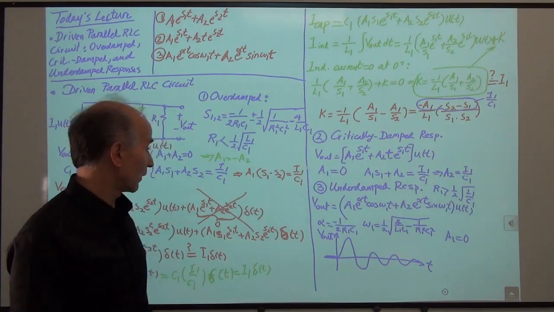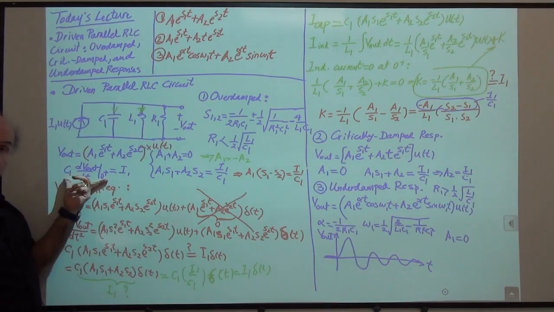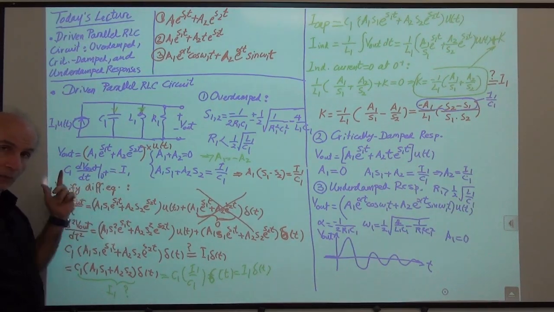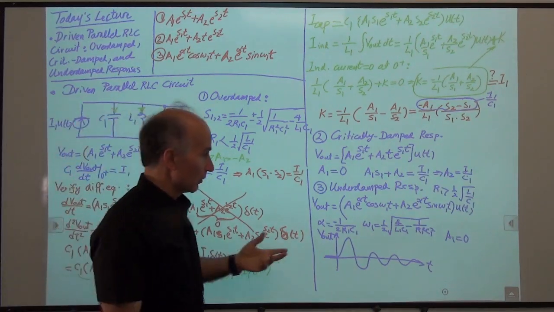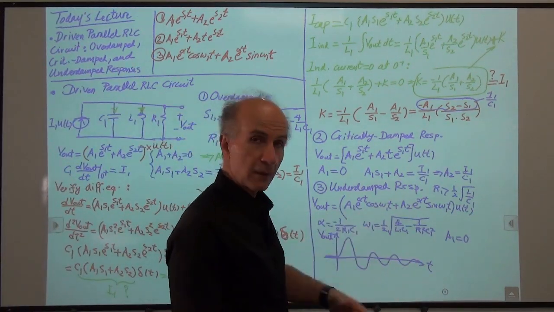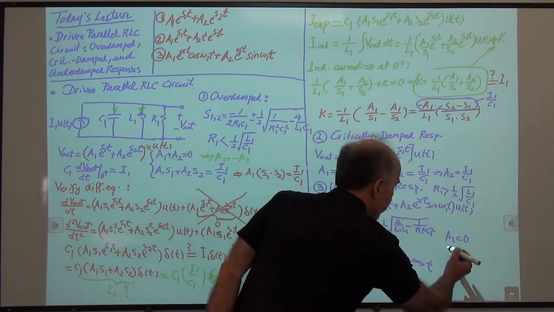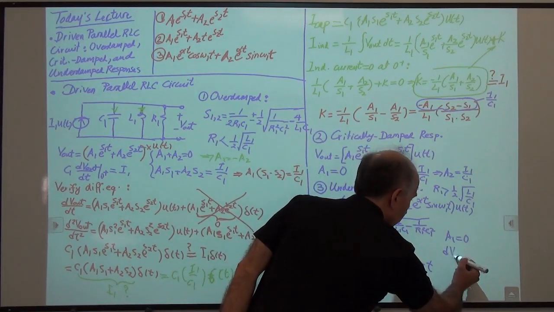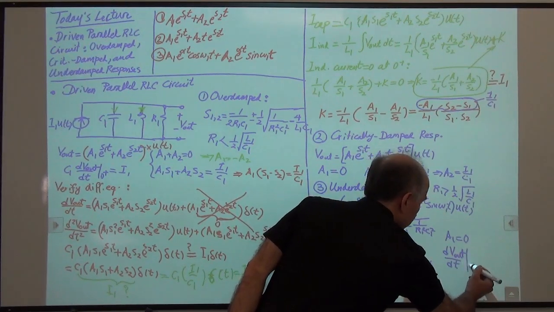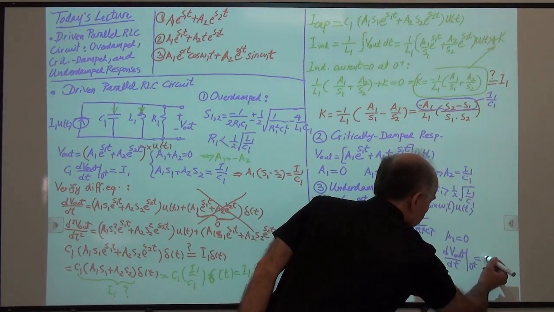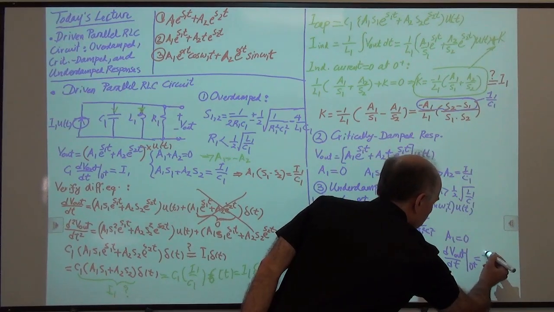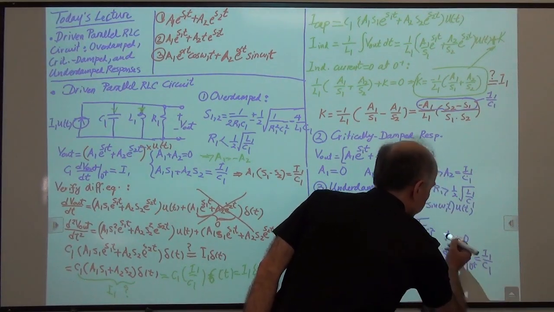And then we also have to satisfy this condition. This condition tells us that the derivative of V out at time 0 must be equal to I1 over C1. So we have to take the derivative of this. I'll leave that as an exercise for you. So we say dV out over dt at 0 plus must also equal I1 over C1.